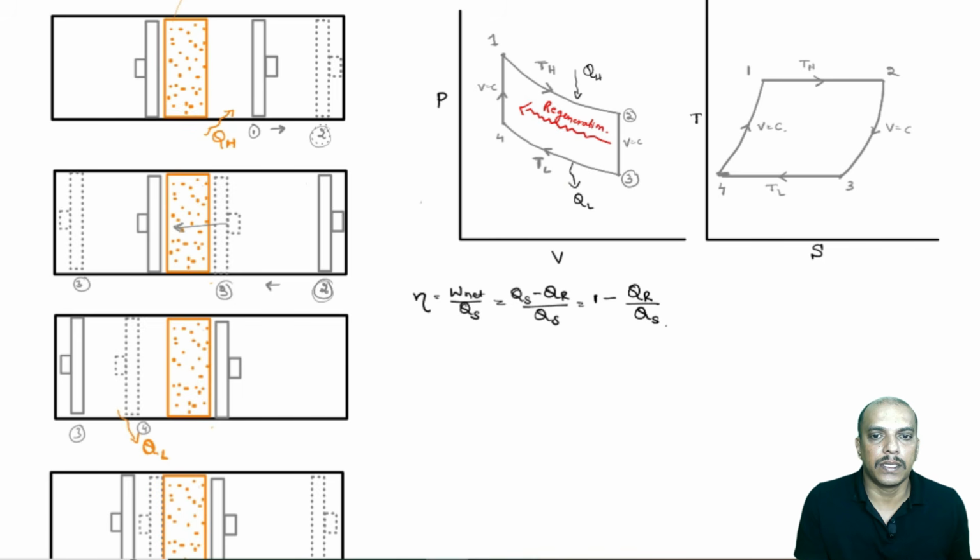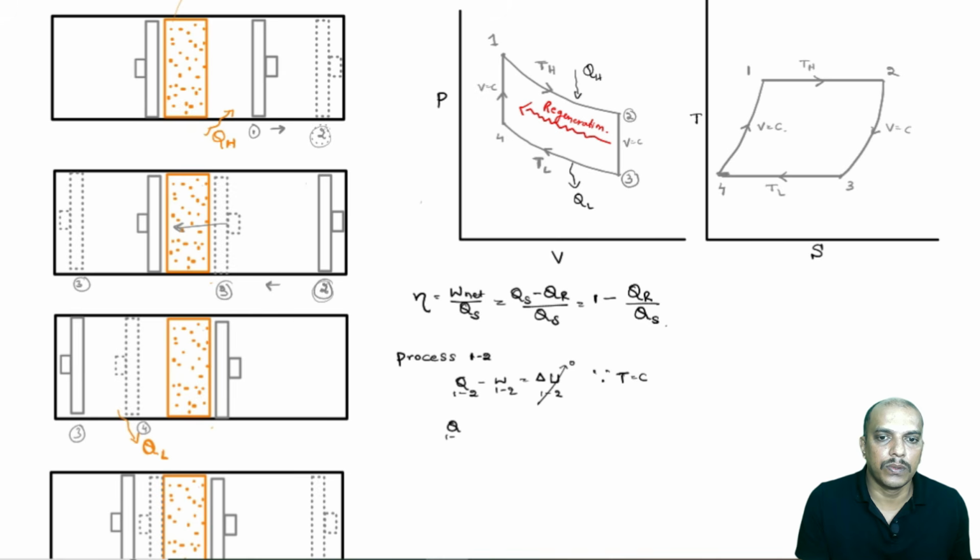Now, let us write the same here. We know process 1 to 2. In order to get the heat, Q minus W is equal to delta U. Now, delta U is 0 because for a temperature constant process, delta U is given by m CV dT, and this temperature is constant so delta U will be 0.